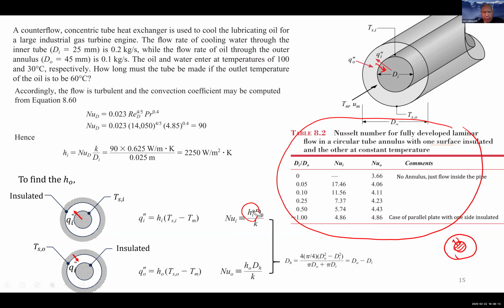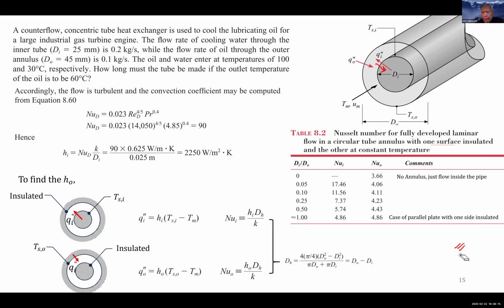I think two years ago, we had the final exam based on this. Okay? So in this case, you can see that for us, we have to change the Nu_i to Nu_o and h_i to h_o to match our case. It's the same physics.